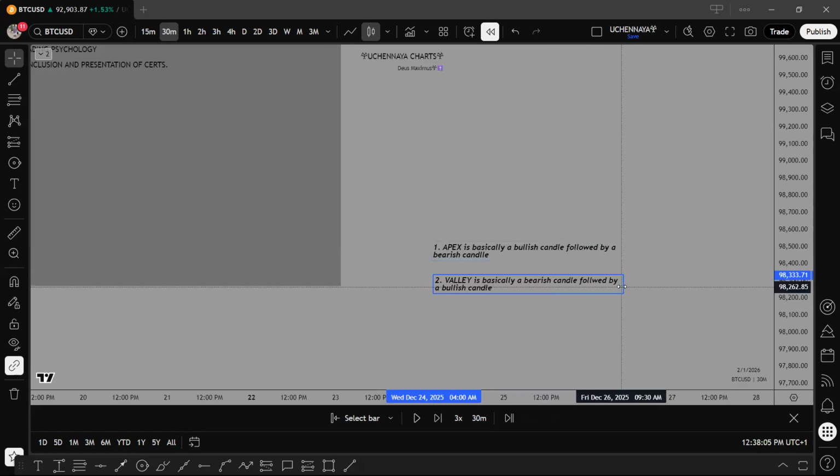That's a valley or V level. Please take note of this. A bearish candle followed by a bullish candle.